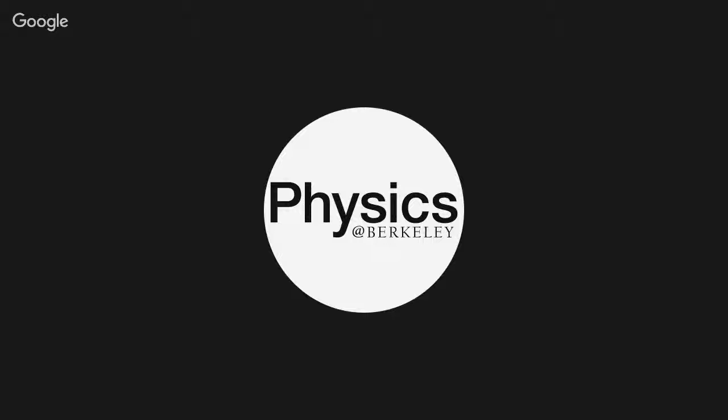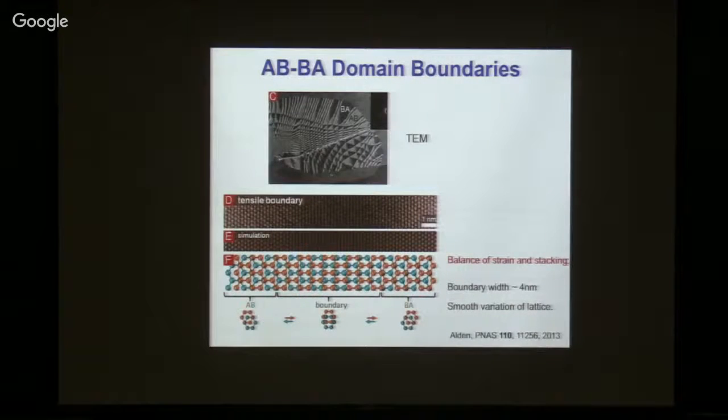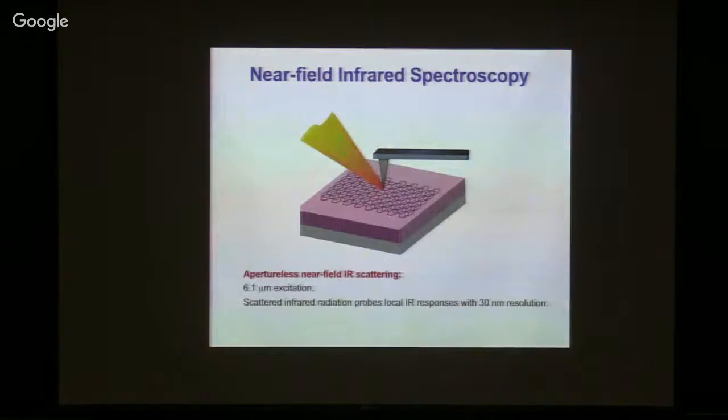However, the TEM sample was not easy to use for transport measurement because the electron beam tends to damage the suspended bilayer graphene. So what we need is an alternative way to see these domain walls, but in a non-destructive fashion. And the approach that we turned to is near-field optical spectroscopy.